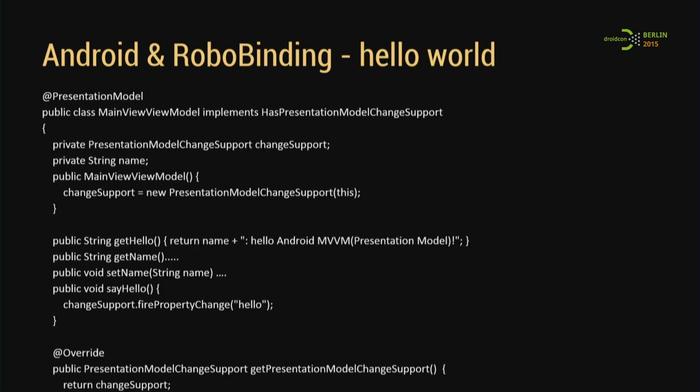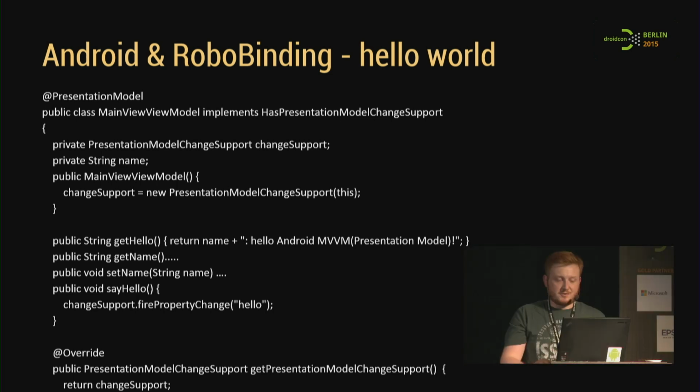Okay, so our presentation model, which is our view model, is annotated with PresentationModel, and it needs to implement HasPresentationModelChangeSupport if we want to make sure that our code will be ready to send notification to the view that some of our properties were changed.